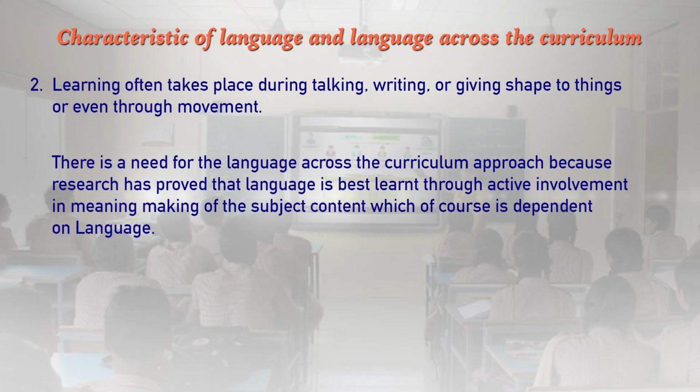There is a need for language across the curriculum approach because research has proved that language is best learnt through active involvement in meaning making of the subject content, which of course is dependent on language.